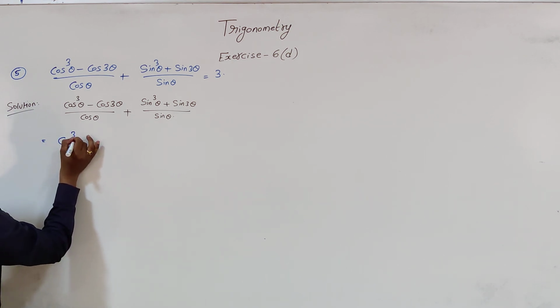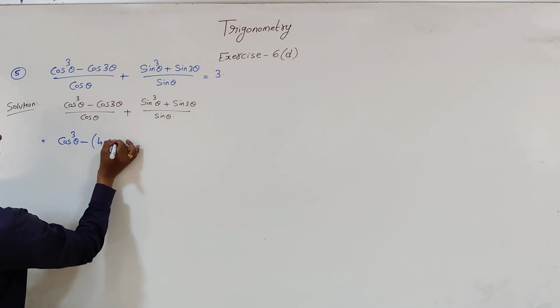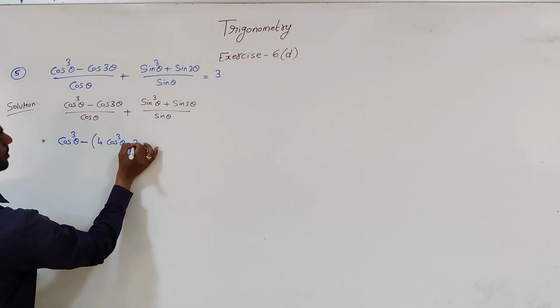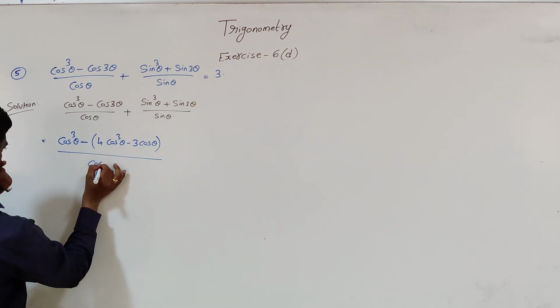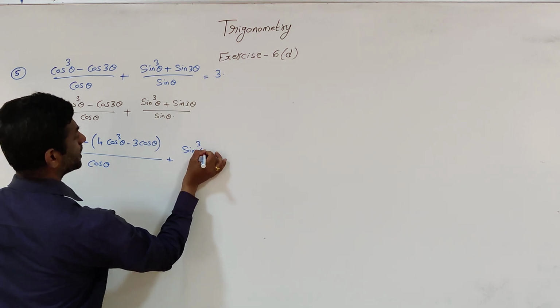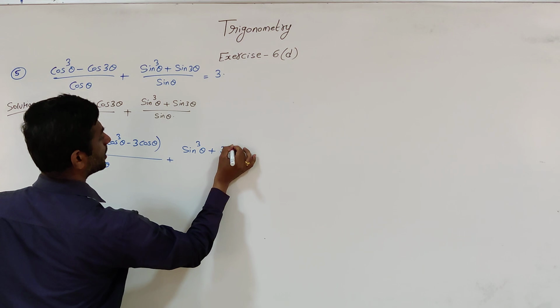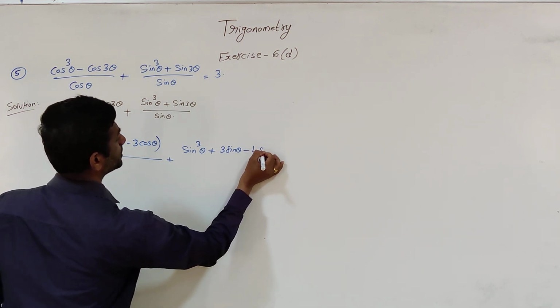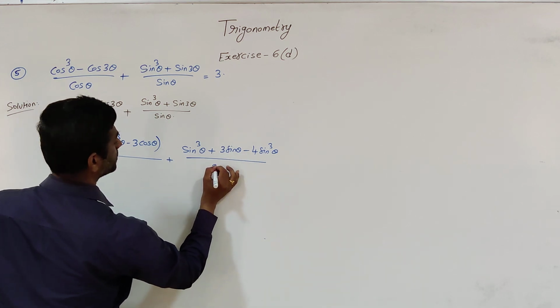Cos cube theta minus, what is cos 3 theta? It will be 4 cos cube theta minus 3 cos theta, upon cos theta, plus sin cube theta plus, and sin 3 theta is 3 sin theta minus 4 sin cube theta, by sin theta.